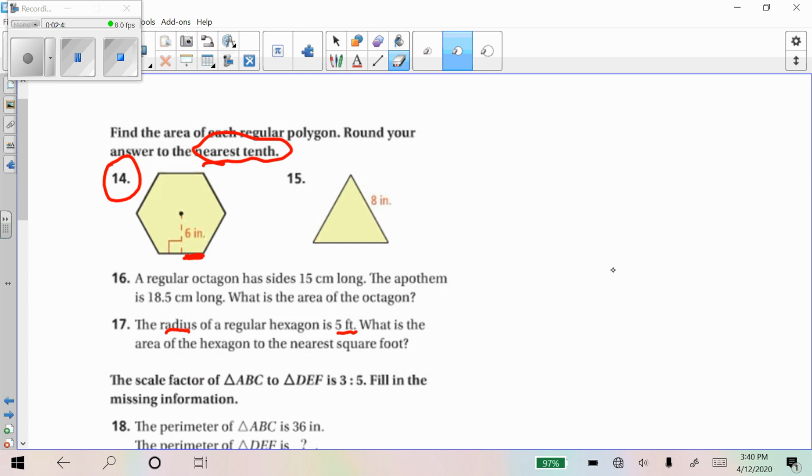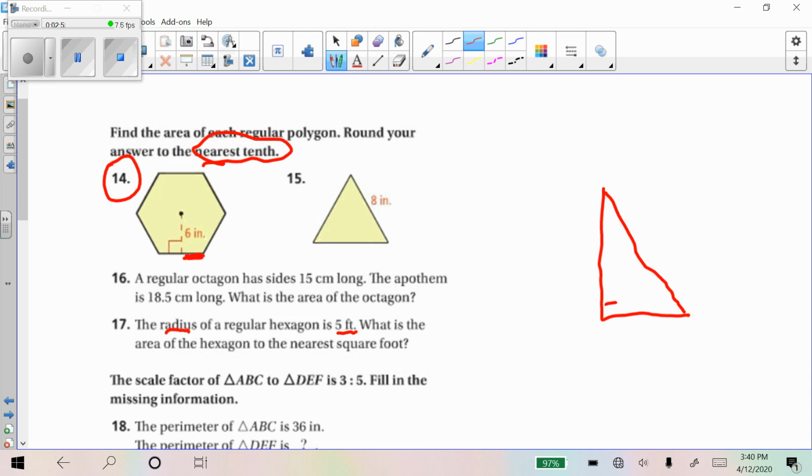If I think about that triangle at the bottom of the hexagon, then x is the apothem of that hexagon. And it says the radius is 5, that would be this side. Well, since it's a 30, 60, 90 triangle, the base would be half of the hypotenuse, so that'd be 2.5. And then the apothem would be 2.5 times the square root of 3.